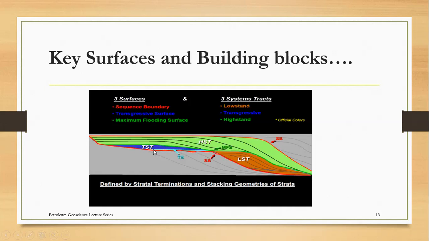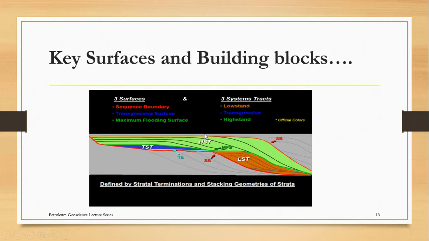So this was that area of exposure where you had erosion. And because it is still the same surface that goes down into the basin, this place is conformable. Down in the basin is conformable, but up here is an unconformity.